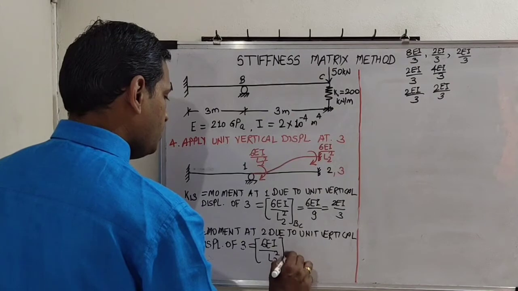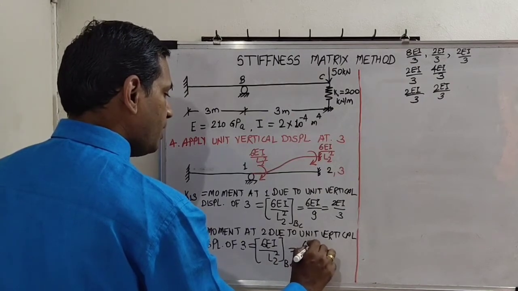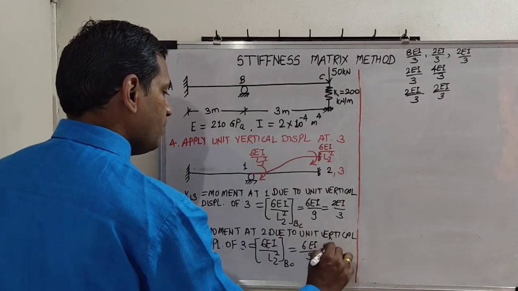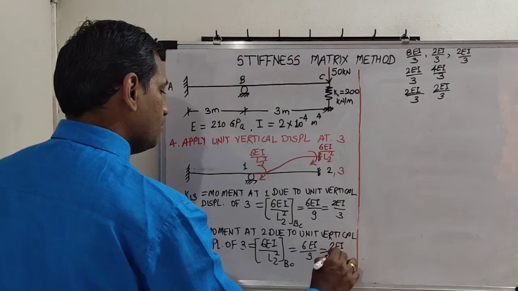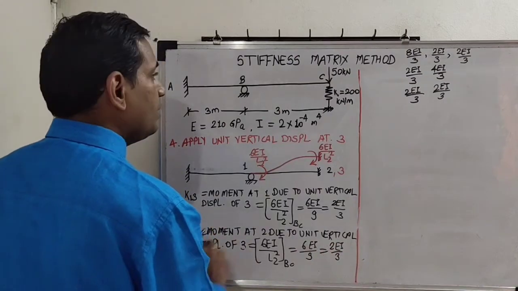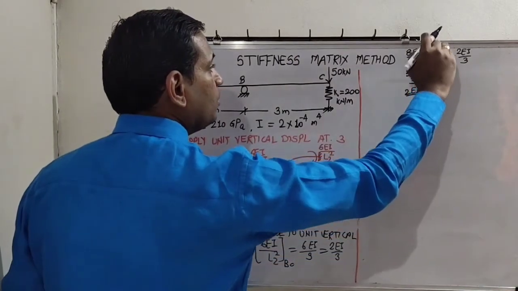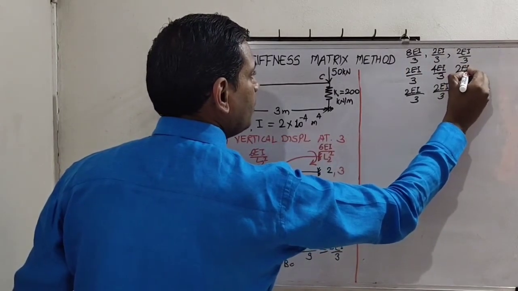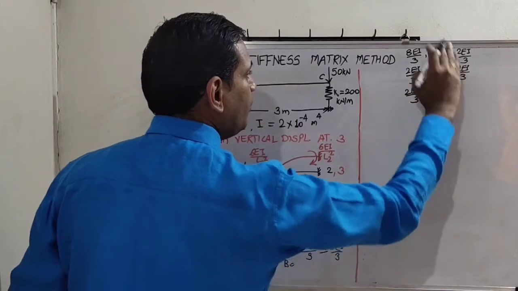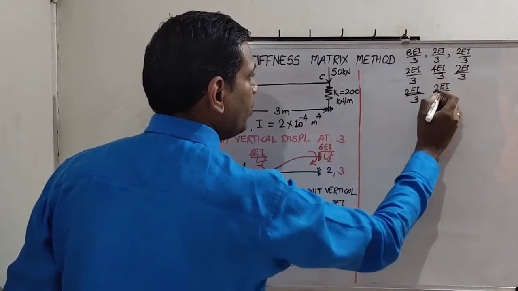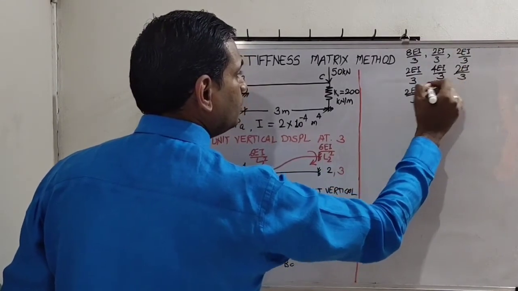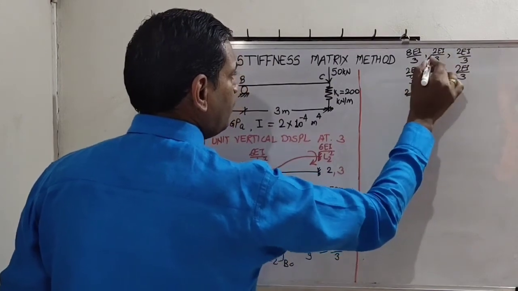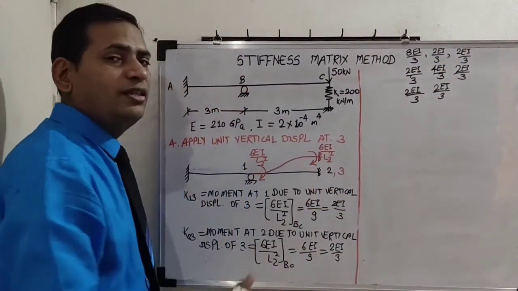Again it is for span BC. So 6EI by 9, it means 2EI by 3. K23, second row, third column, it means here 2EI by 3. And it is equal to K32, third row, second column. So these two are equal. Now remaining is only K33.